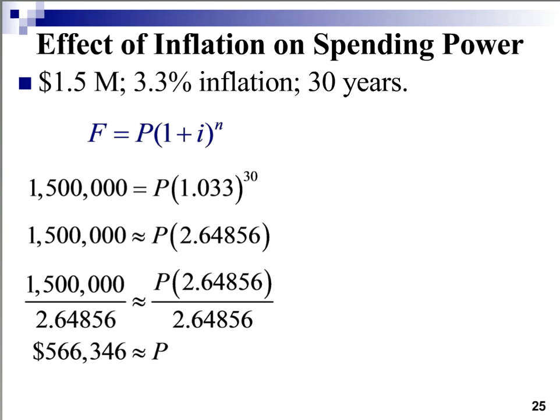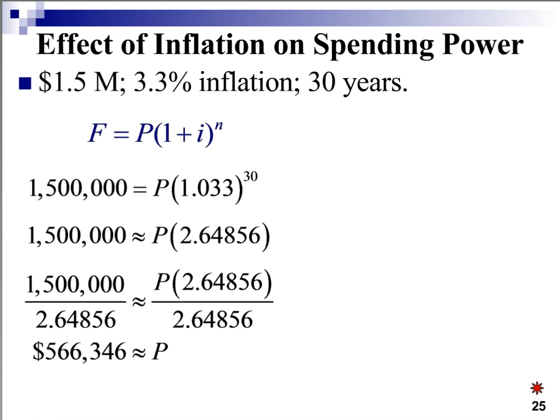So in other words, if you had $1.5 million in the account in 30 years, you could really only buy the equivalent of about $566,000 in goods today. And that's because you've lost spending power due to inflation. Well, it's quite a bit. In fact, if you look at this 2.64 factor, because we're dividing by 2.64 here, what we're really saying is that that's the factor by which your investment is decreased.